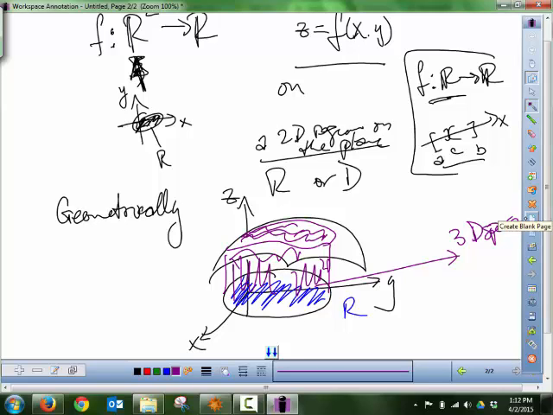So in terms of geometry, this would be called a volume.